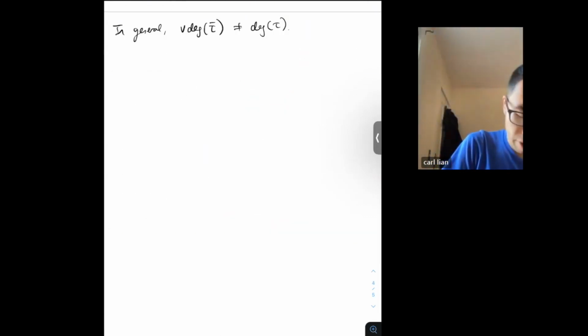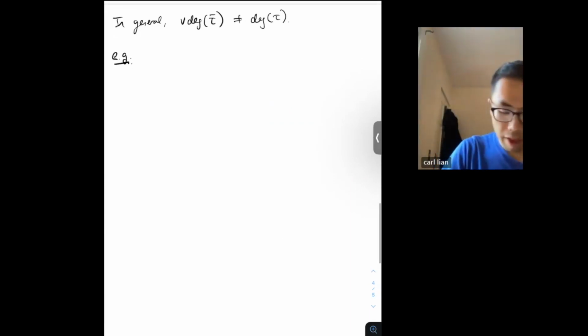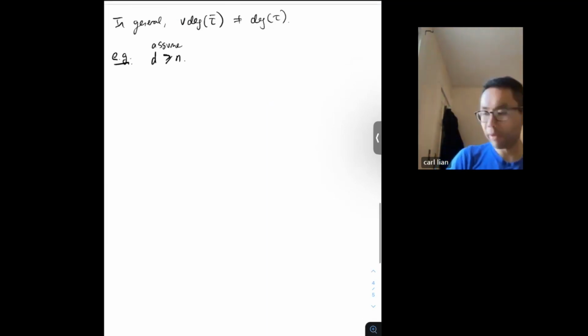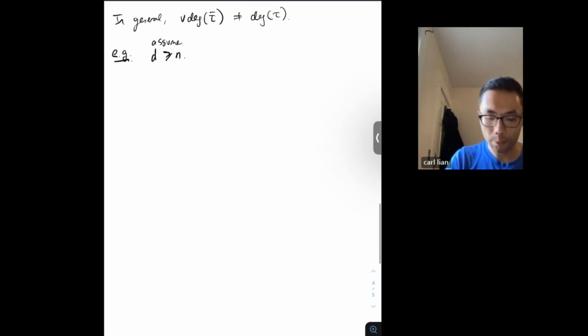Okay, so let me give a simple example of this. Let me assume in this example that the degree of the curves in projective space is at least the number of marked points, so assume d is at least n. What I'm going to do is produce a positive dimensional family of points in the general fiber of tau bar that lives in the boundary, so it does not live in the general fiber of tau.